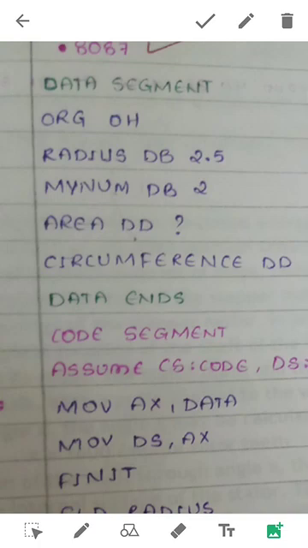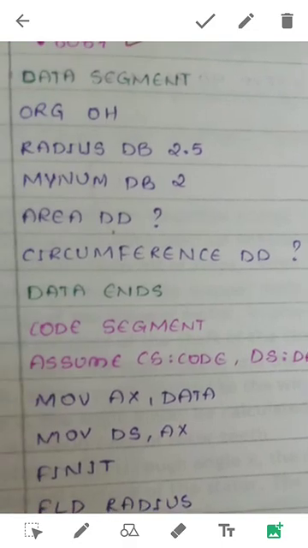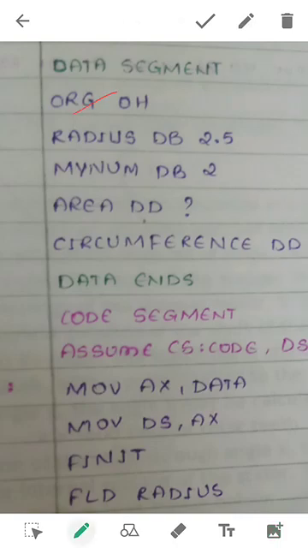This is an instruction of the 8086. ORG is also 8086. All the instructions, of both 8086 and 8087, are fetched by the 8086. Radius, mynumber, area, circumference, DD, are all variables. Data ends here.